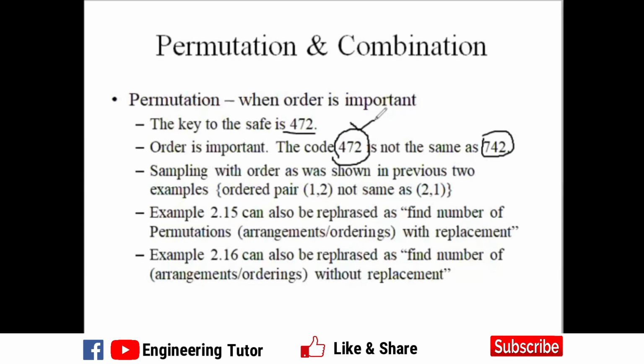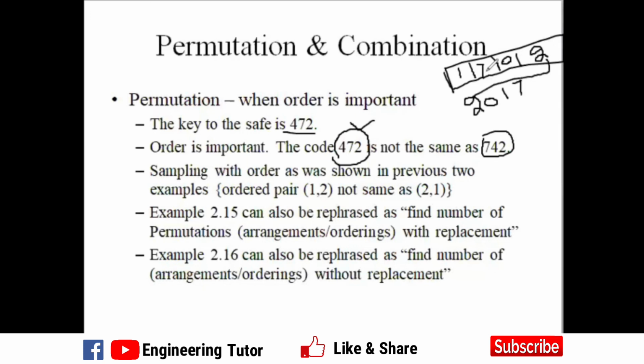Similarly, if you have a mobile phone and the code of the mobile phone is 1702. Okay, this is a code. If someone comes and writes 2017, the numbers are actually the same.